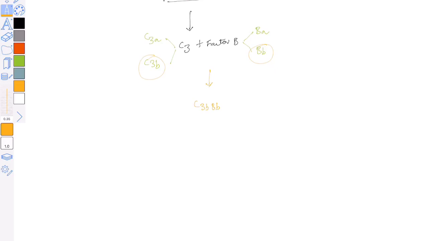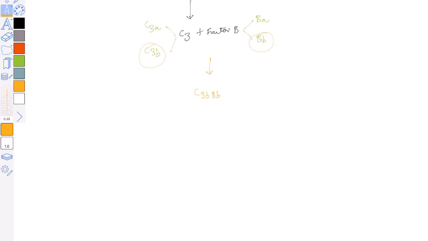This C3B and BB leads to the breakage of C3, because the ultimate goal of any type of complement system is the breakdown of C3. We have already discussed that the end product of the classical pathway is the breakdown of C3. The end product of the alternate pathway is also the breakdown of C3.